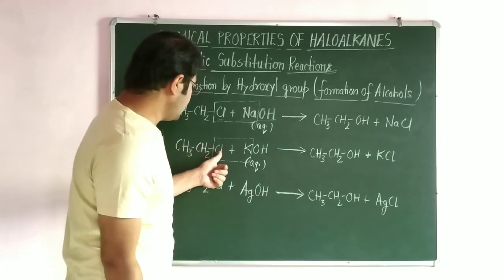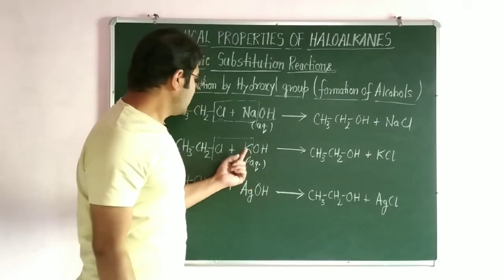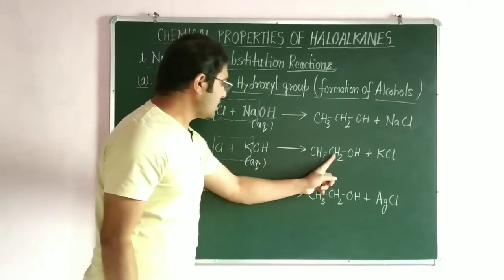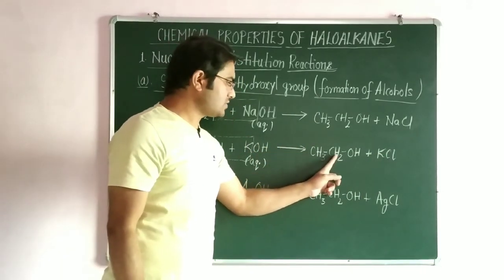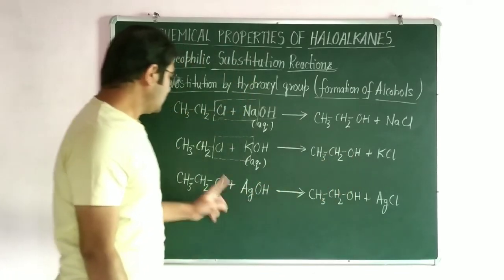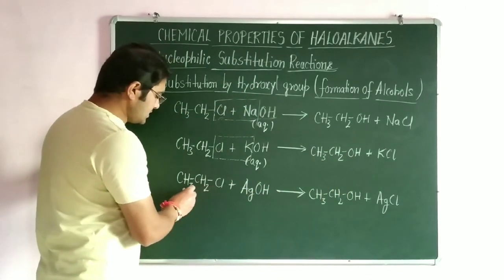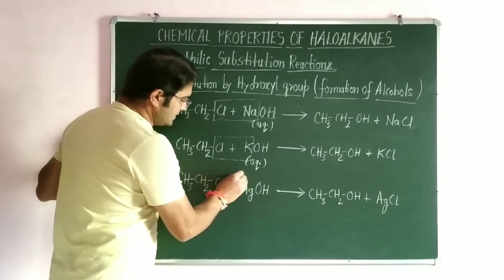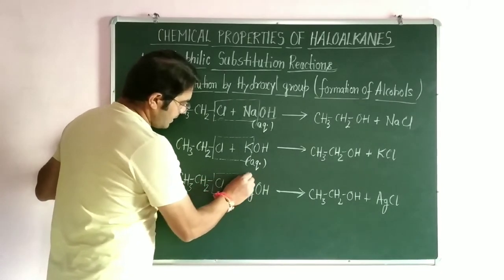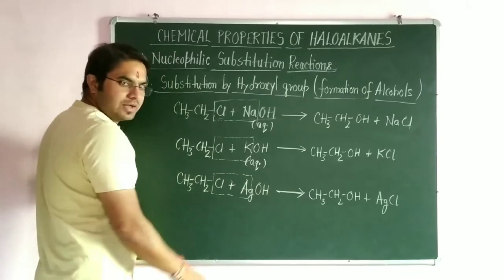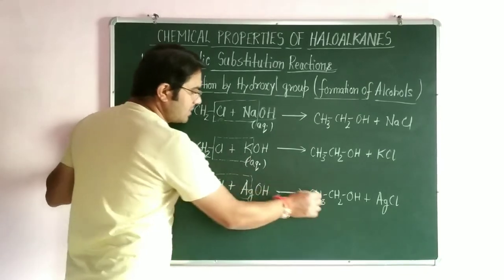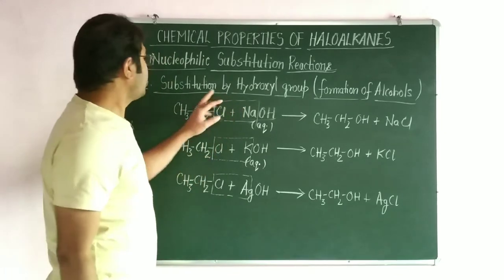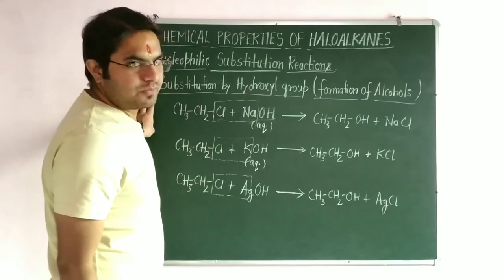CH3CH2Cl when reacts with KOH, KCl is out as byproduct, OH is introduced on the carbon part, and CH3CH2OH is formed. Finally in this last reaction, similar reaction, CH3CH2Cl and AgOH, AgCl is out as byproduct and OH is attached with carbon part and forms alcohol. So this is the first chemical reaction, substitution by hydroxy group.